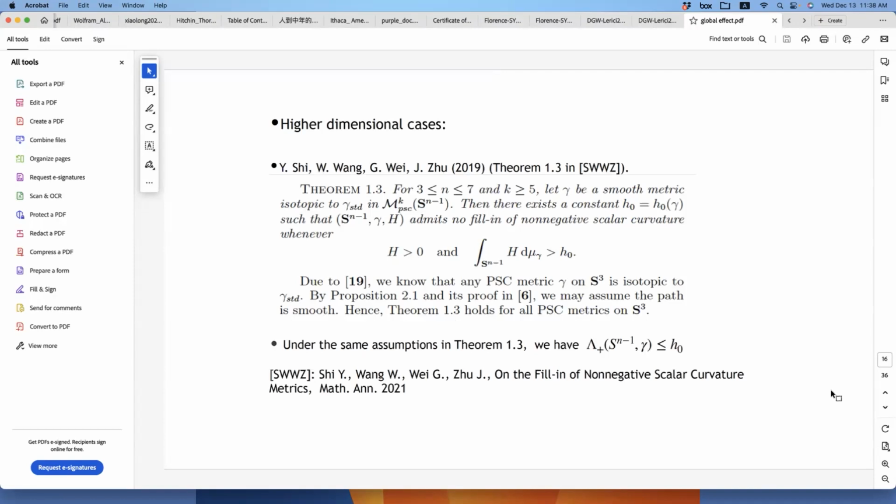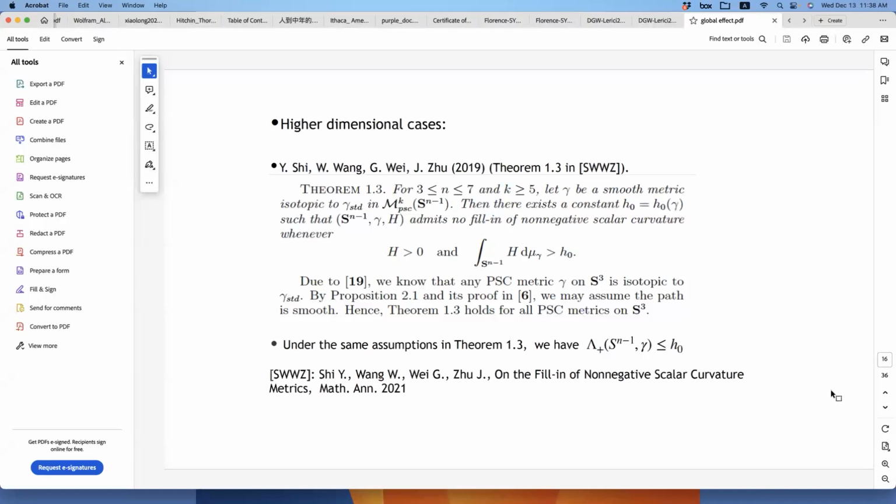Suppose not. We have a negative scalar curvature filling for such boundary data. Then we glue those two manifolds together, and we get a closed manifold. The metric is Lipschitz around Sigma, while it is smooth elsewhere, and the scalar curvature is positive.